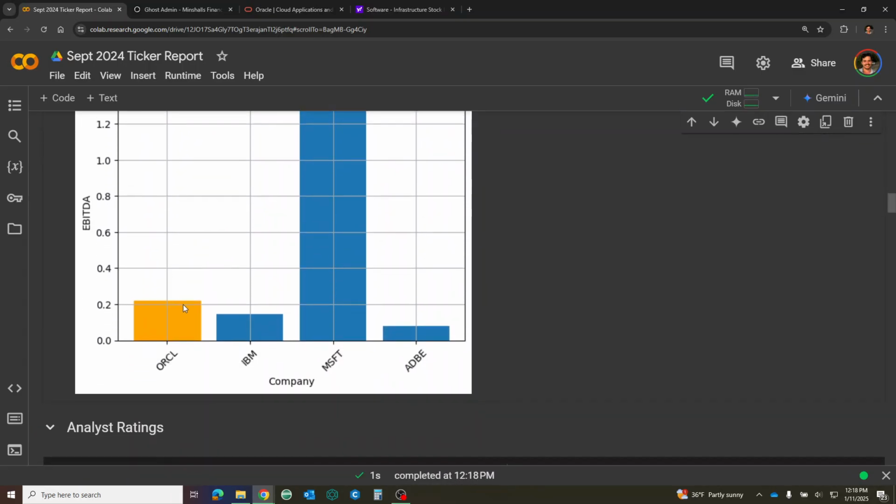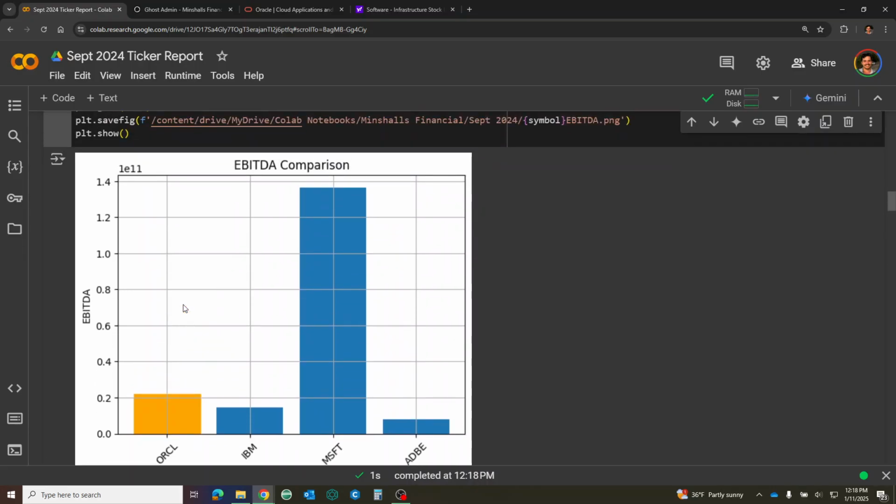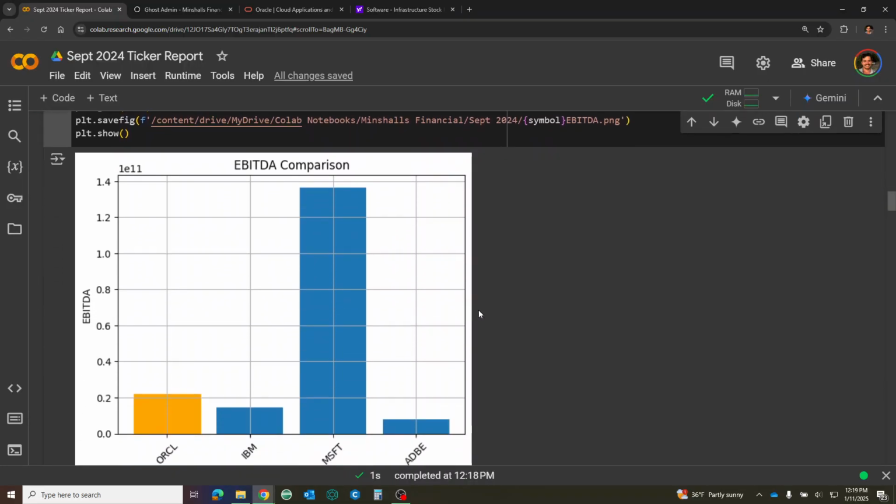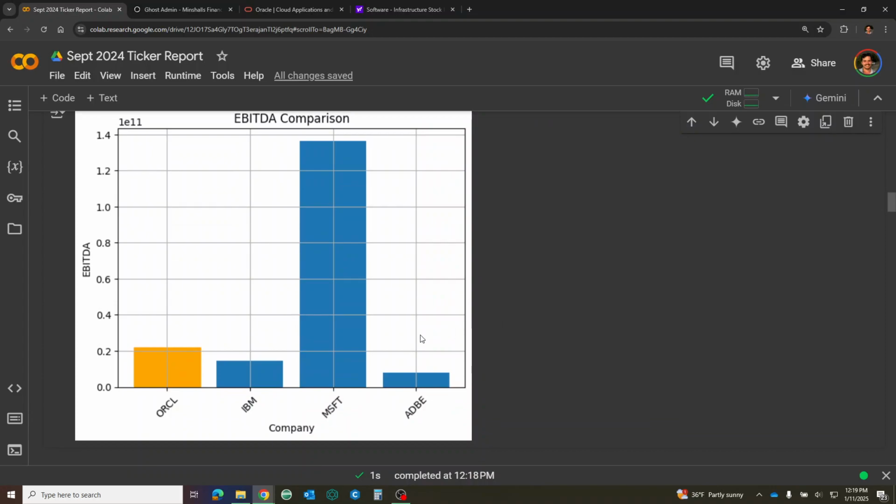EBITDA, look, EBITDA is one of those things I'm totally still on the fence about. It stands for earnings before interest, taxes, depreciation, and I forget what the A is, maybe amortization. I don't know. But it's not something that generally accepted accounting principles requires companies to put on their statements.